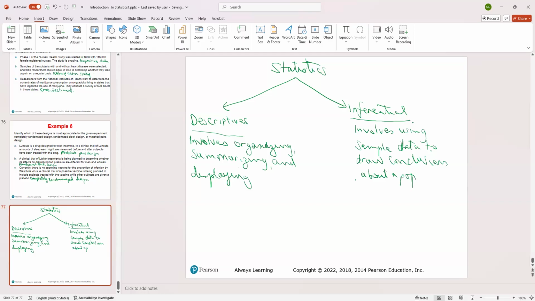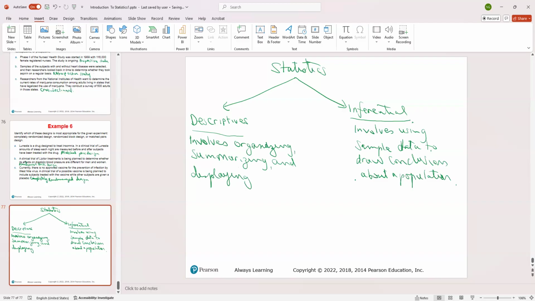Of course, later, maybe the last three chapters will be on inferential statistics. For example, when we conduct a poll about elections, we call only 5,000 people over the phone and ask them who they would vote for. Based on the outcome, we would conclude that this particular political party, or this particular candidate, would win the elections.